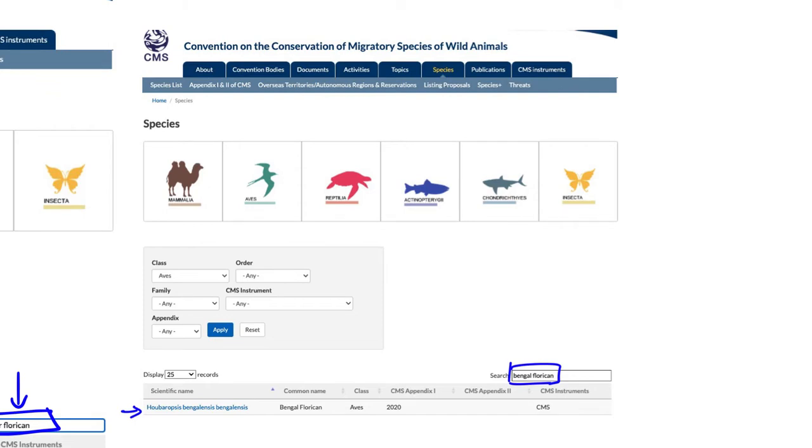This entry was done in the year 2020 and this is in CMS Appendix 1. This difference is important, can be asked, so don't get confused by whatever information the newspaper or other media are feeding you. I've checked and verified from the authoritative source. So CITES mentions Lesser Florican, the CMS doesn't.